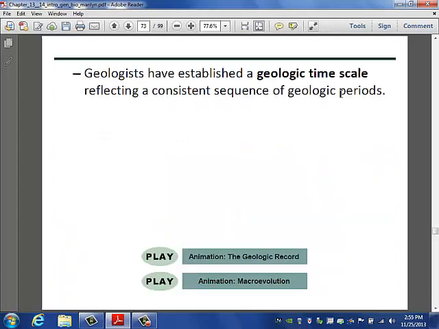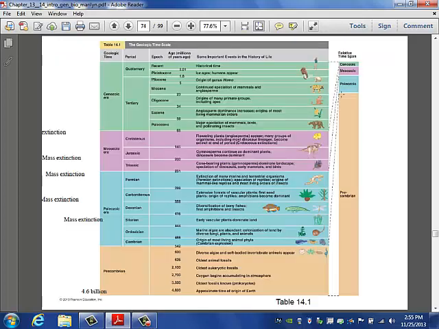So, geologists have established a geologic time scale reflecting a consistent sequence of geologic periods. And that's what that wonderful craziness on page 281 shows us.